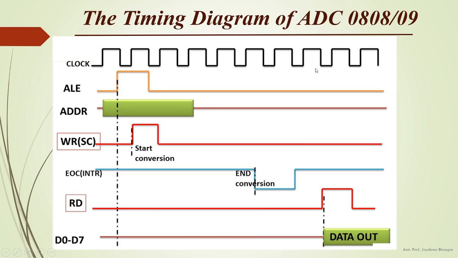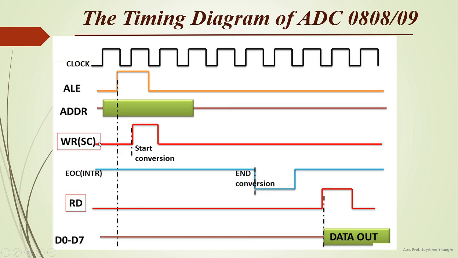Here clock pulses are provided, and here the address is available on the address line. Whatever channel we want to select, the address of that channel is available on this address line. After sending a low to high pulse to the ALE, address latch enable pin, this address will latch to the chip.